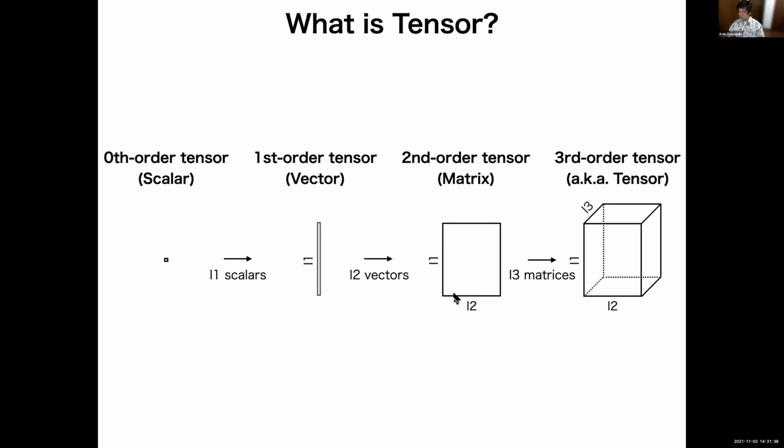This is second order tensor. If a data has three modes, I mean height, width, and depth, this is called third order tensor. So that's why any data is basically a tensor, but in most cases, the term tensor implies the third order or much higher order tensor.